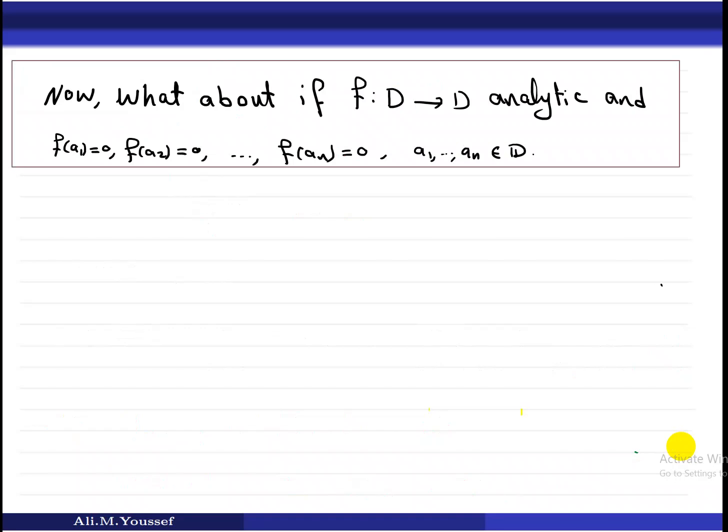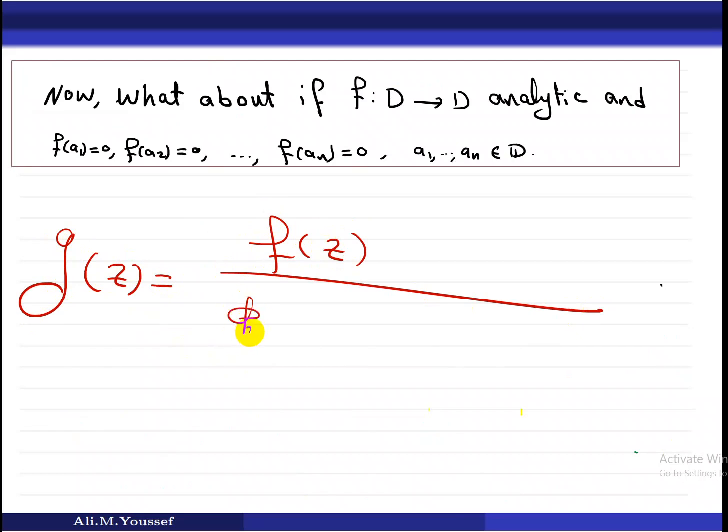Again, if we write it in this way, what's the function f from d to d? An analytic function. If a1 is equal to 0, a2 is equal to 0, a3 is equal to 0. Here I want to write only the function. Here we can find g of z is equal to f of z over phi a1 of z, phi a2 of z, and so on, phi an of z.